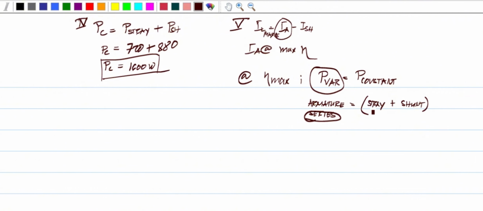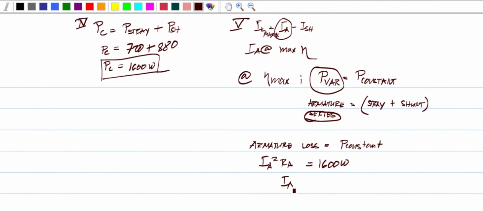Since we already have the P constant, which is 1600 watts, armature loss is equal to P constant, which is IA squared RA equal to 1600 watts.